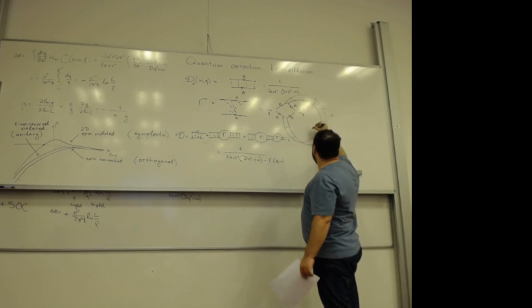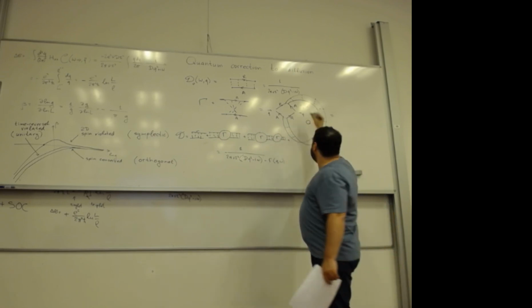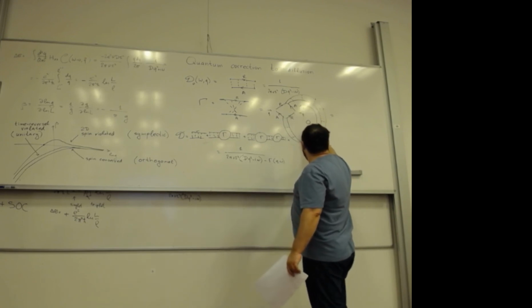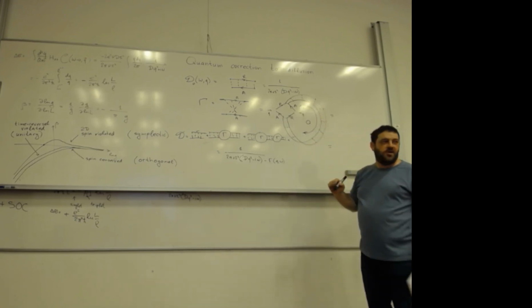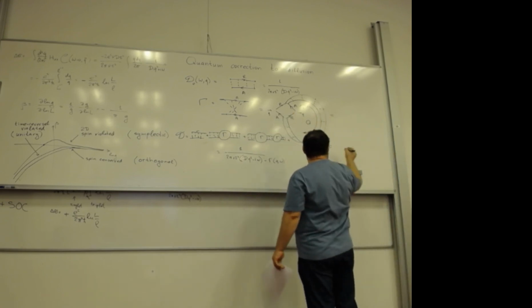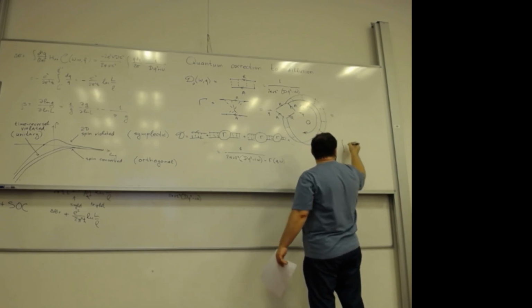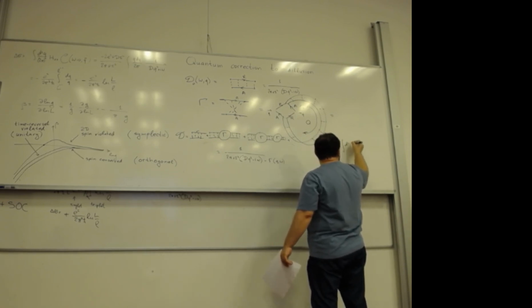And we also have some momentum, which I will call capital Q, which goes along the overall ladder, and also have frequency. So this is gamma, equal to a 2-dimensional integral over this momentum capital Q.